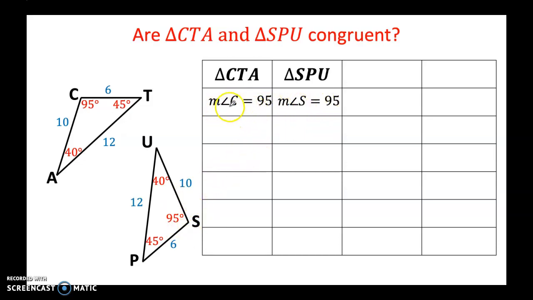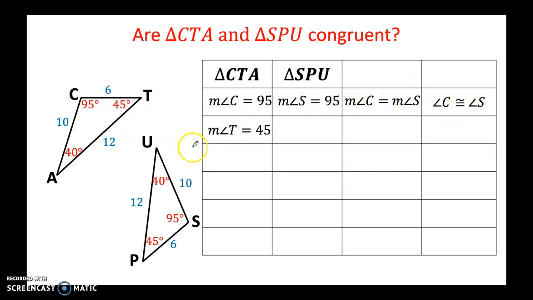Therefore, the measure of angle C is equal to the measure of angle S. Why? Because they are both equal to 95. So that will be a transitive property. And we can say that angle C is congruent to angle S by the definition of congruent angles. The definition of congruent angles states that if two angles are equal, therefore they are congruent.